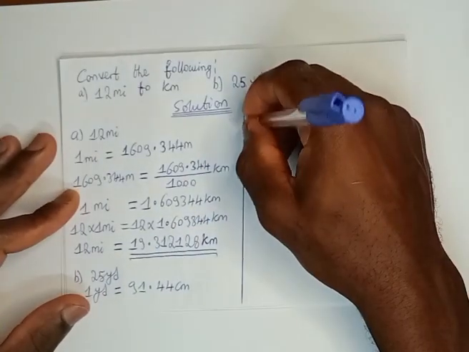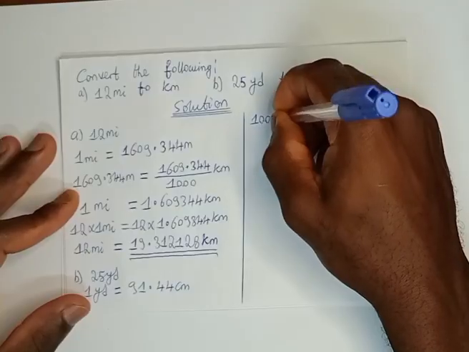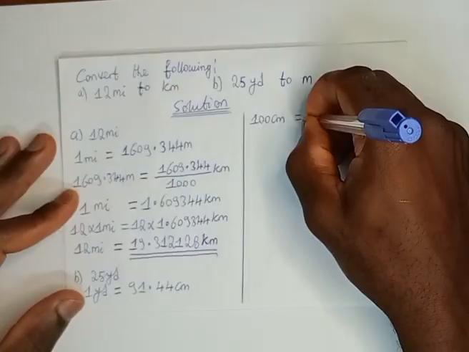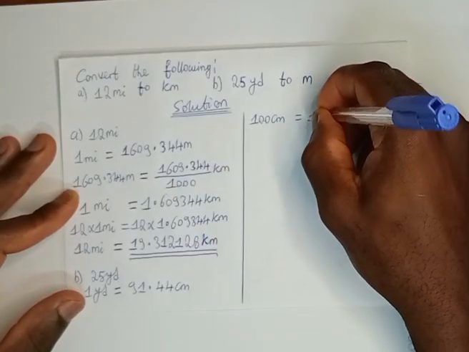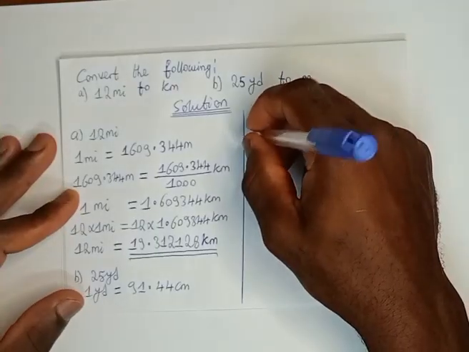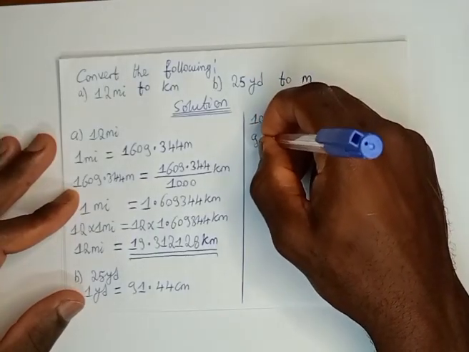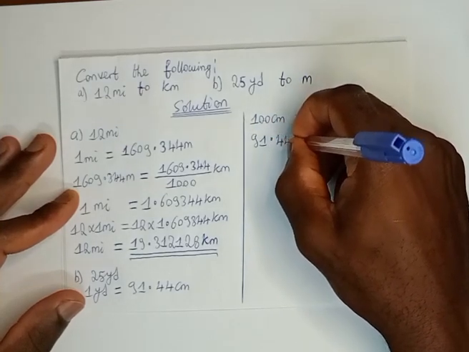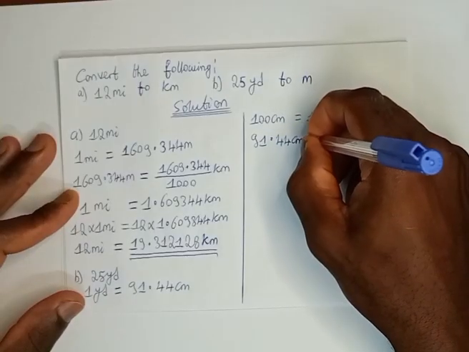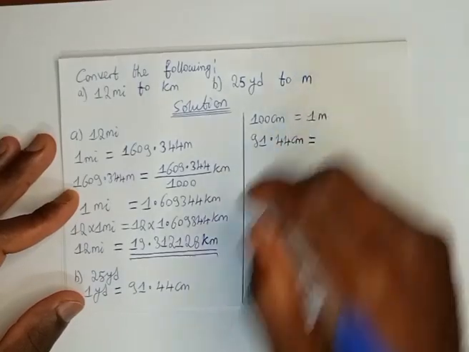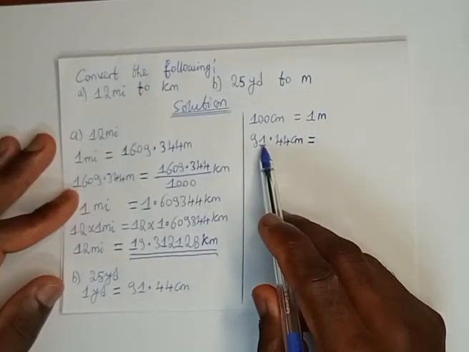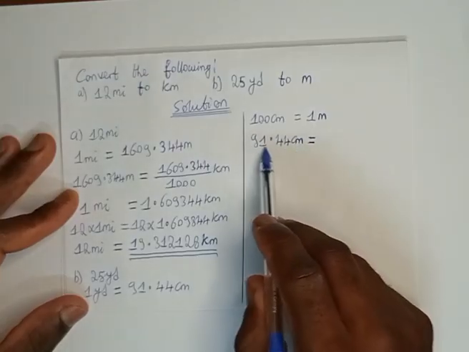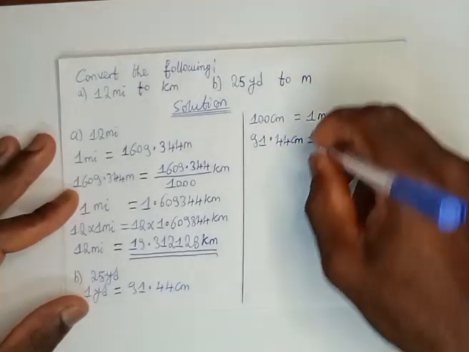We know 100 centimeters is equal to 1 meter. If we take down 91.44 centimeters, this will be equal to, expressing 91.44 centimeters in meters, that means you have to divide this numerical value by 100.